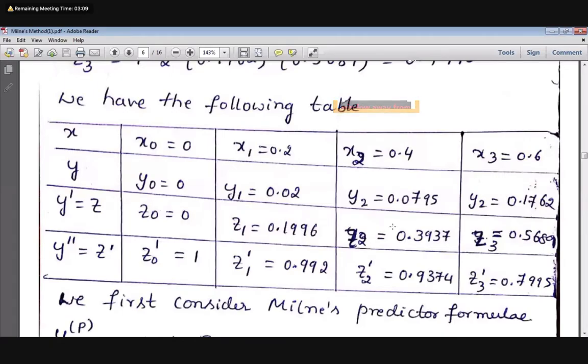Then z naught, z1, z2, z3. Then y dash is z. All these data are given. This data, this data, this data. These three rows of data are given. This row we don't know the data. That one we need to calculate.